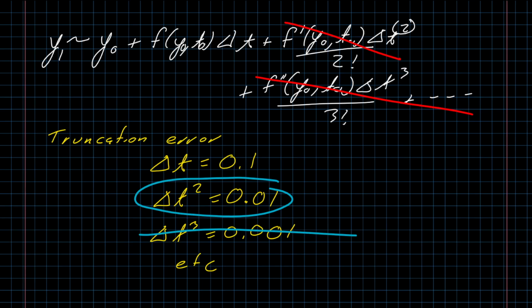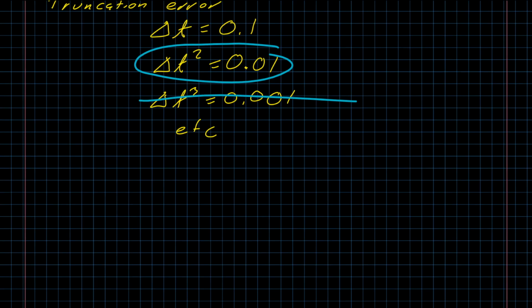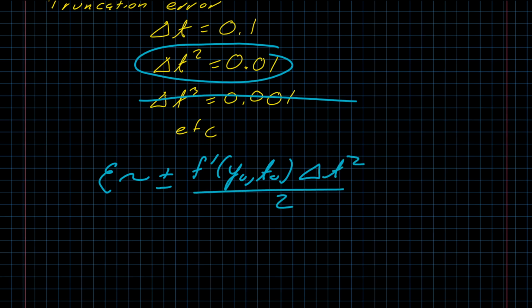But the important thing here is that if you take that whole term that has the delta t squared, because the other terms are going to be even smaller, we can ignore those, and we can say that the truncation error is in the ballpark of that next term.